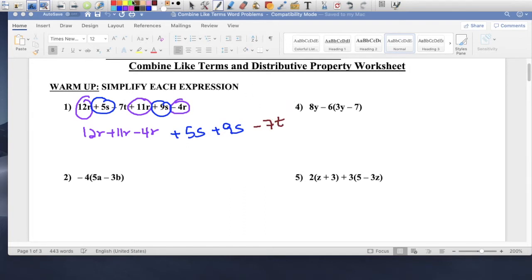There you go. So I can combine now, right? Super easy. 12 plus 11 is 23, minus 4 is 19r. 5s plus 9s is plus 14s, and minus 17.